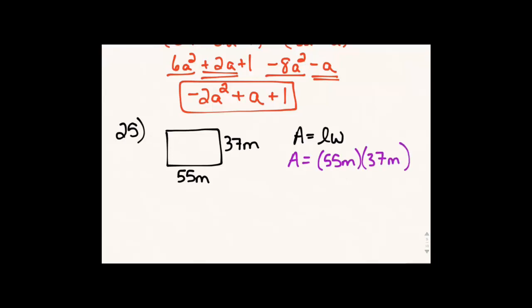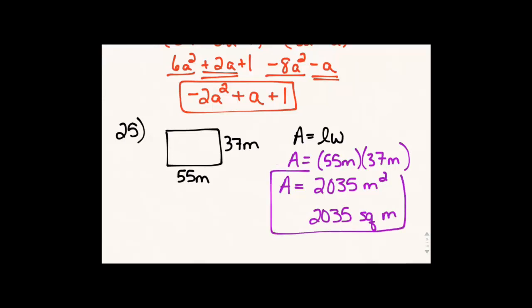We're going to multiply those two things together. And we're going to get the area is 2,035 square meters. And I write it like this, but you could also write 2,035 sq meters. So either one of those is correct. Remember, you do have to remember your formulas.